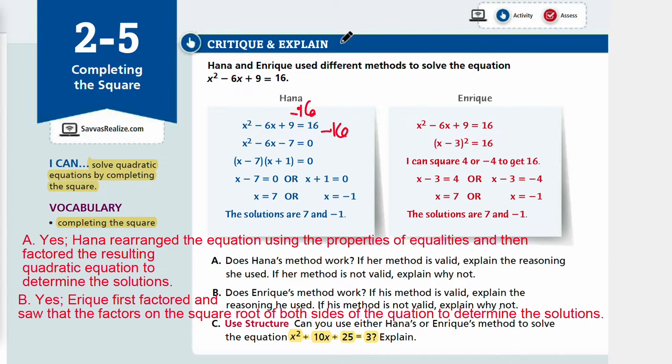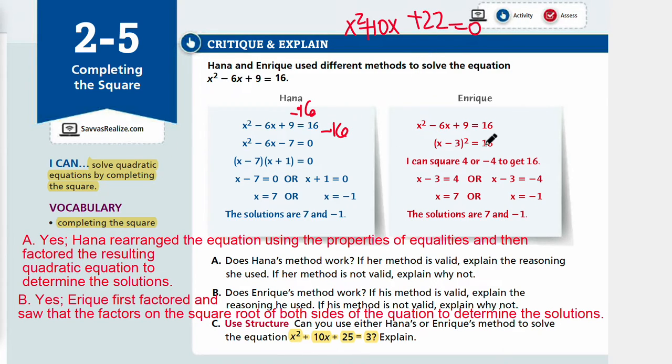If we use Hannah's method, we have x squared plus 10x, and then we subtract 3 on both sides, and then we have 22 equals 0. And then you factor, but it's hard to factor, right? You have to find the perfect square anyway.